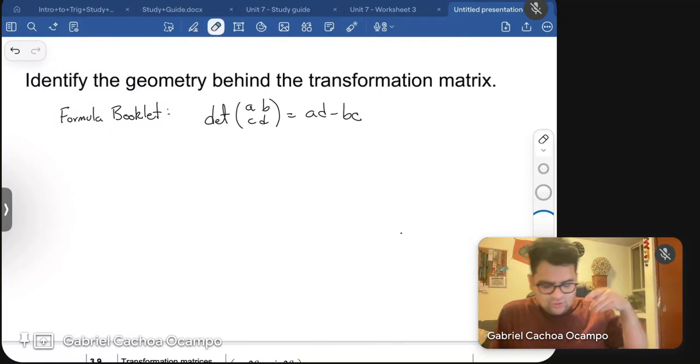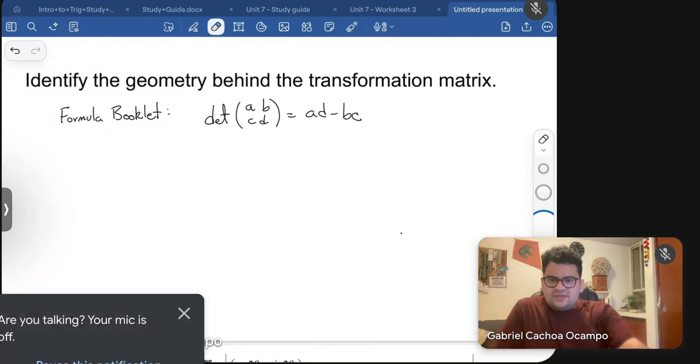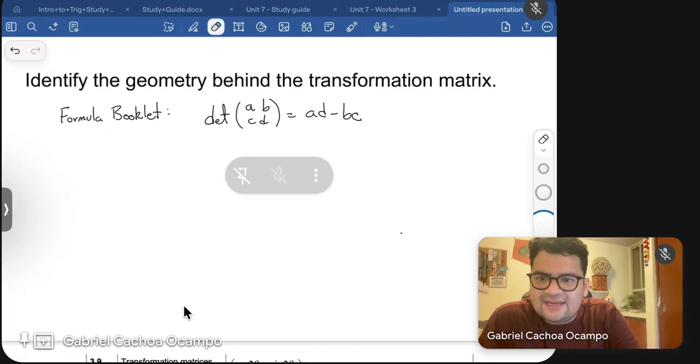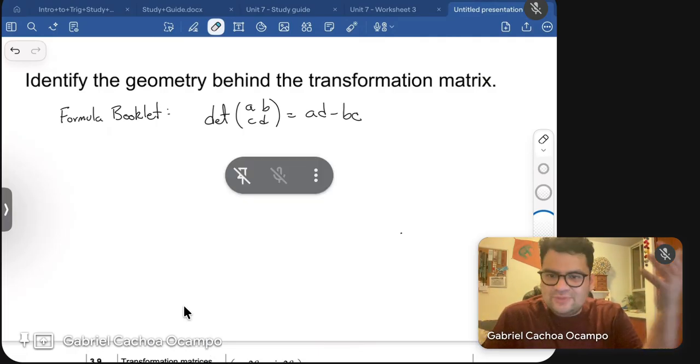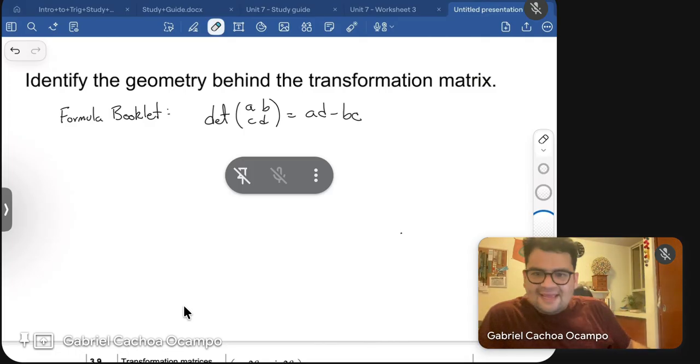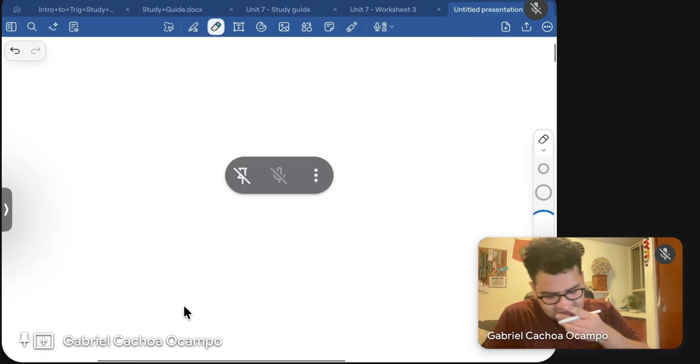Okay, so the first thing we're going to see today is how to identify what geometry is happening behind a matrix. What does this skill look like?